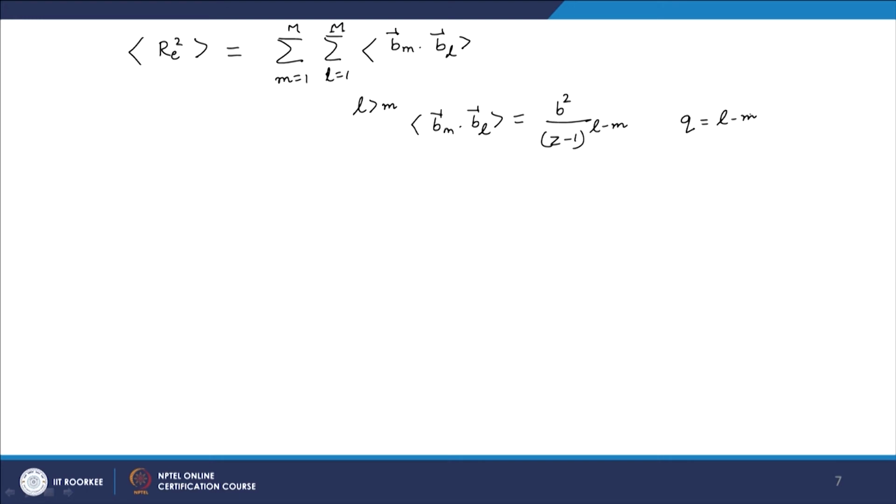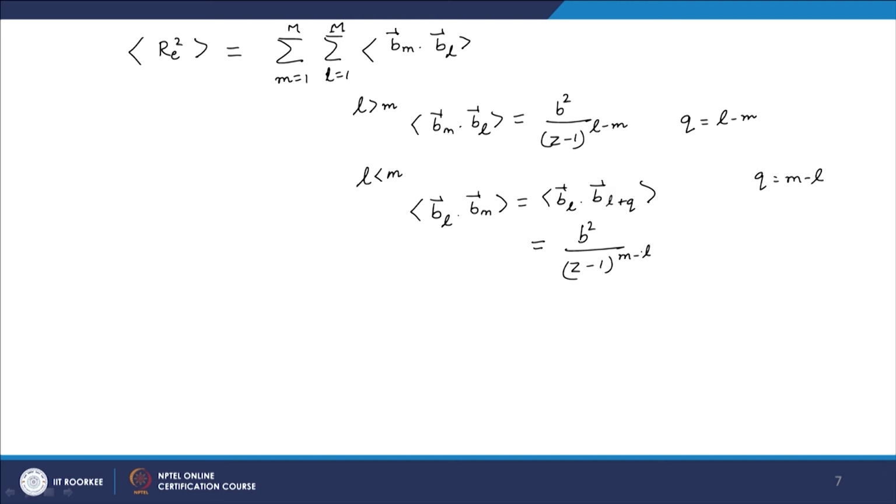Okay. On the other hand, if L is less than m, then we can write this as something like Bl dot Bm, or Bl dot Bl plus q, where q now is m minus L. So, what we see here is something like b square by z minus 1 to the power m minus L. Okay.